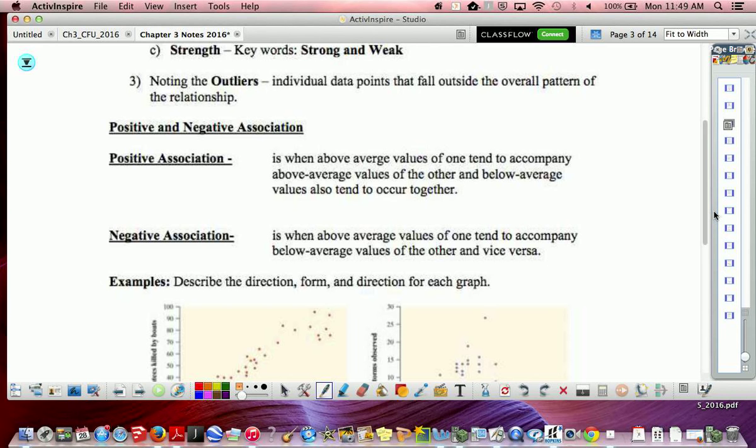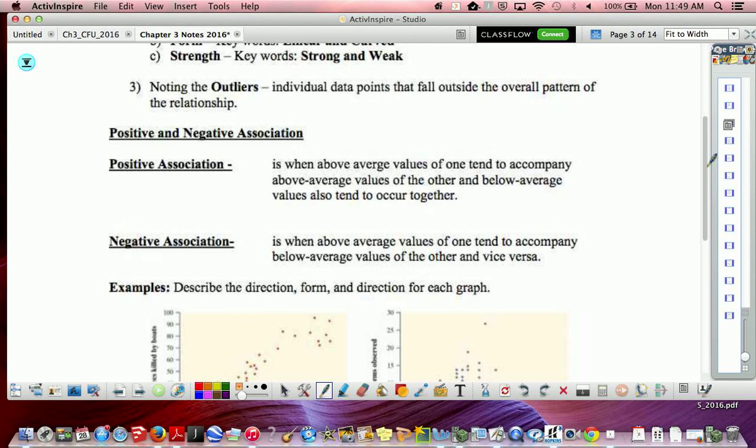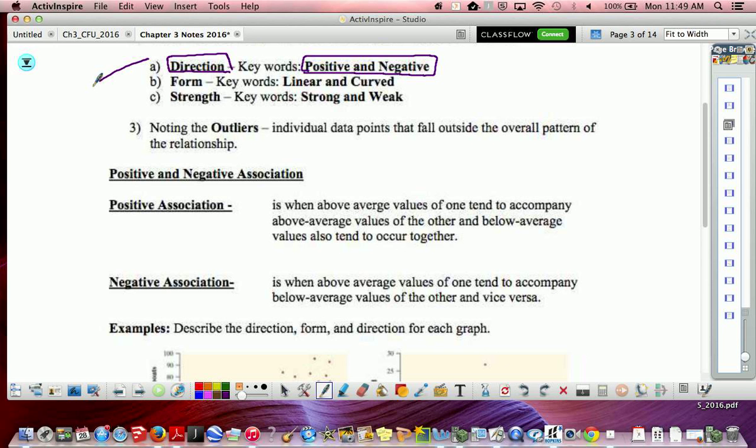When we have what's called a positive association, what happens there is when x increases, y tends to increase. We tend to go in a positive slope direction. Basically, above average values accompany above average values, and below average values accompany below average values.